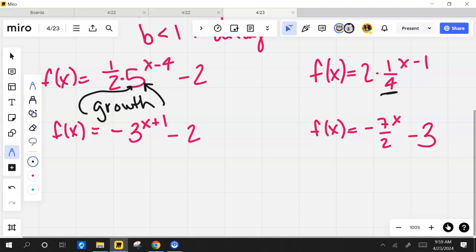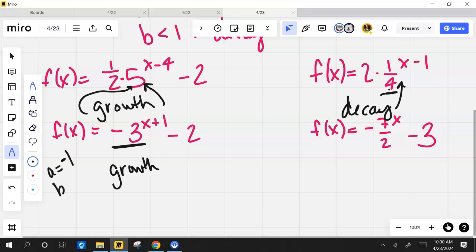How about this one? Growth or decay? Decay. Why? It's a fraction less than 1, right? How about this one? Growth. Remember, if there's a negative in front, what this means is A is -1, B is still 3, which means it's growth because 3 is bigger than 1.